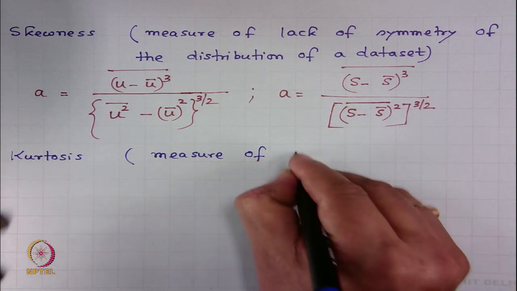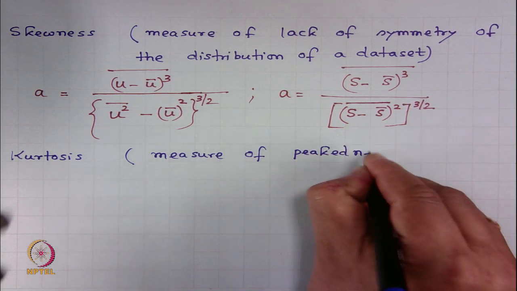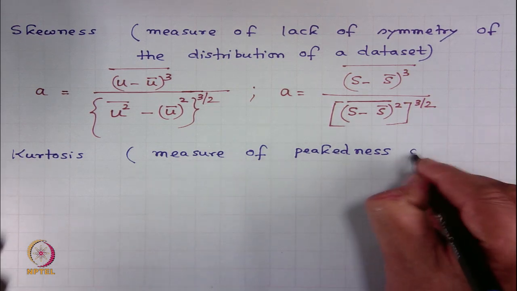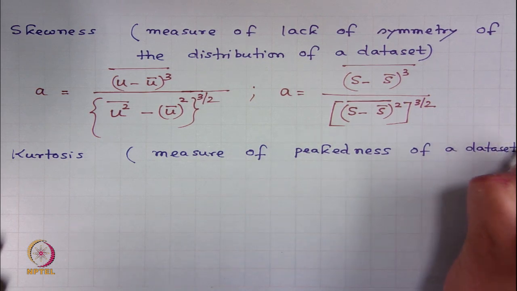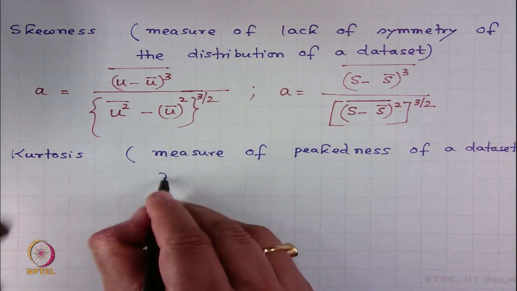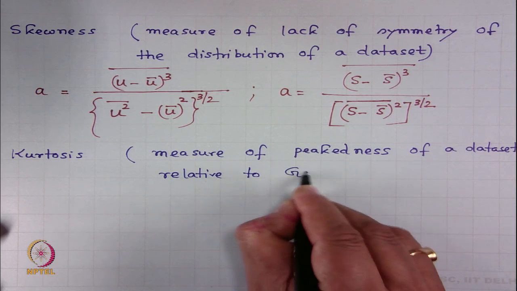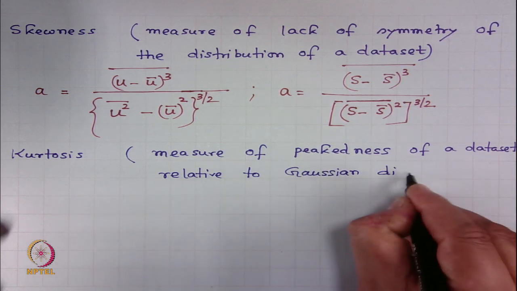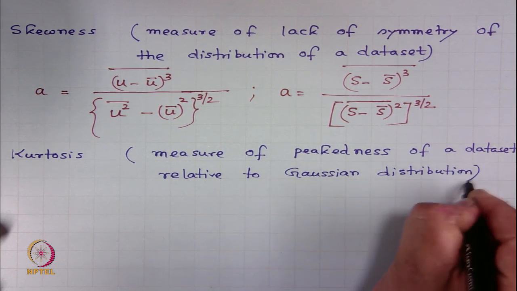Kurtosis is a measure of peakedness. How much is the peak actually of a distributed data set, relative to a Gaussian distribution.